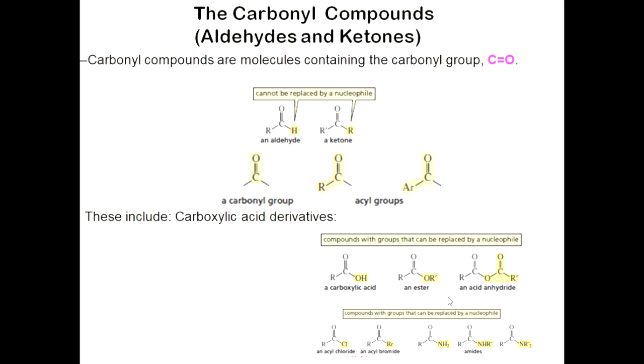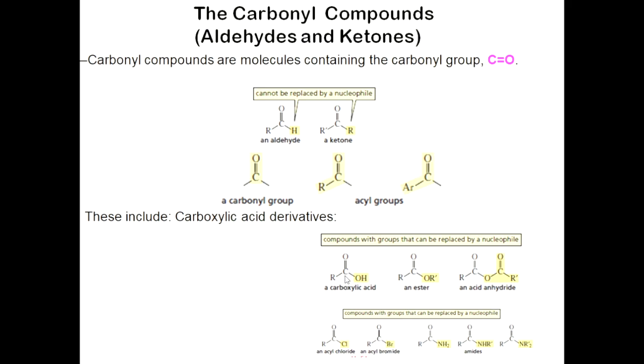Now, the carbonyl group with OH is a carboxylic acid, and if the carboxylic acid's OH hydrogen is replaced with an alkyl group, it is converted into an ester, whereas if the carboxylic acid dimerizes by losing water, it forms an acid anhydride.